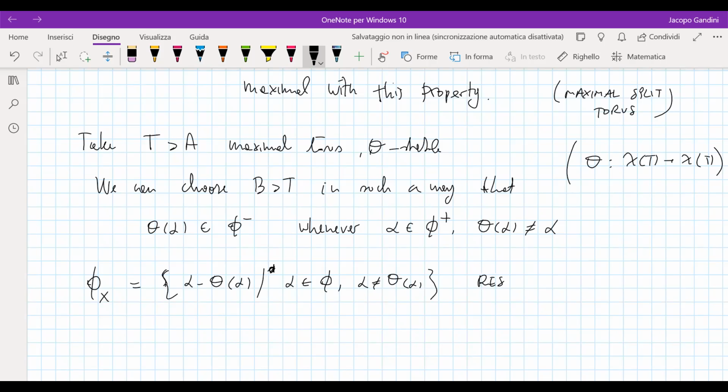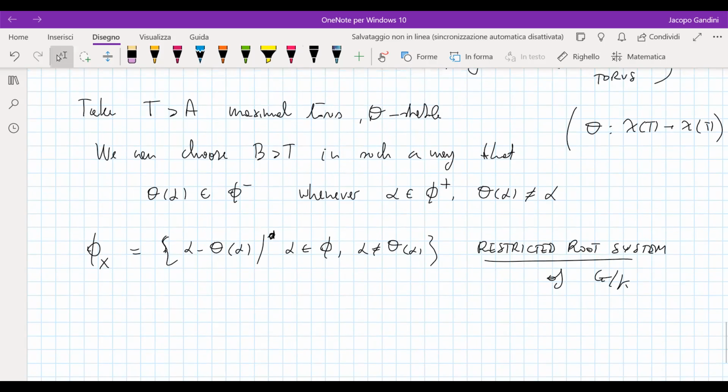This is called the restricted root system of G mod K. This is actually a root system, this is a theorem, and it is possibly non-reduced. This is the point.